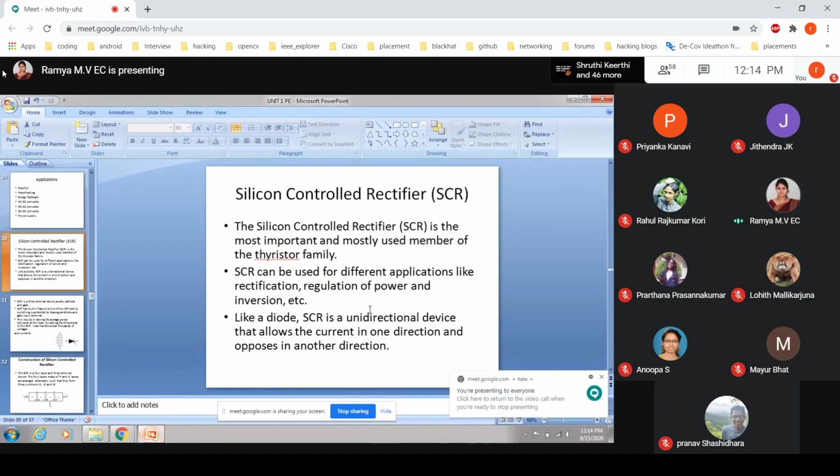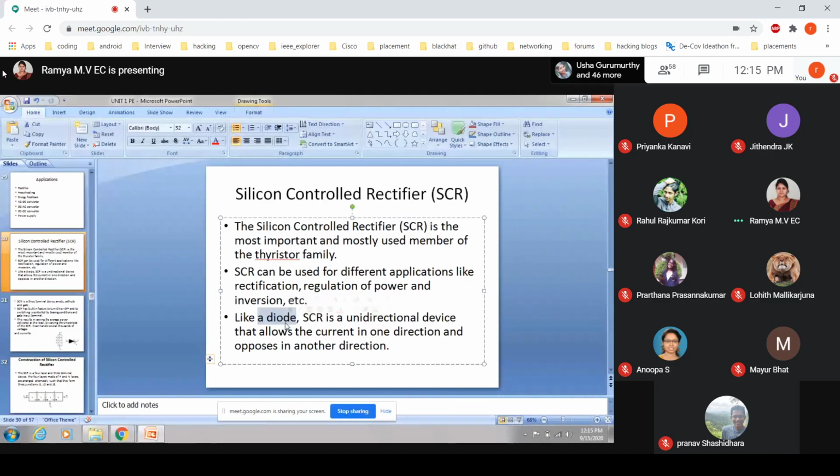Okay. Suppose I want to have my knee voltage. I am using a silicon type SCR. So we know that when it is like a diode, the knee voltage will appear at 0.7 volts.